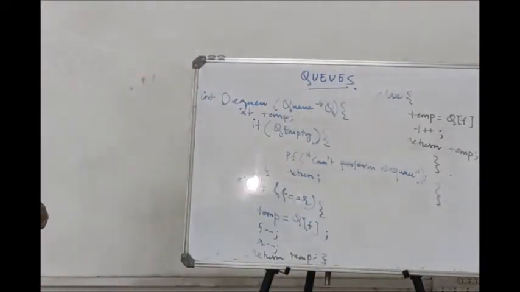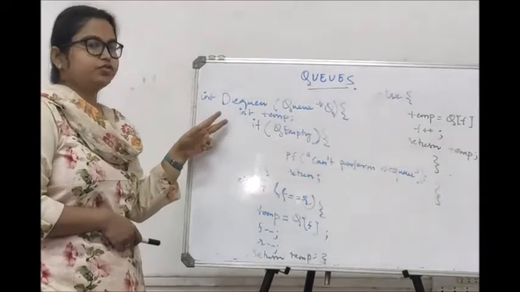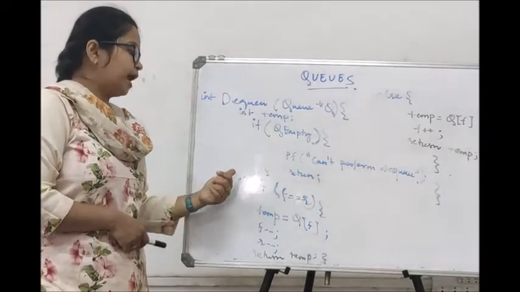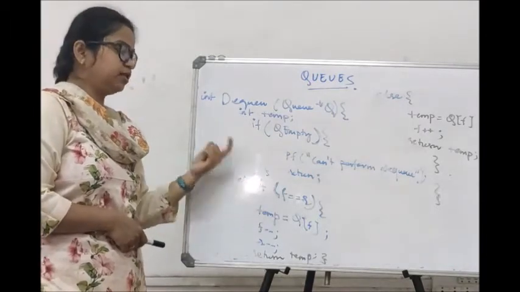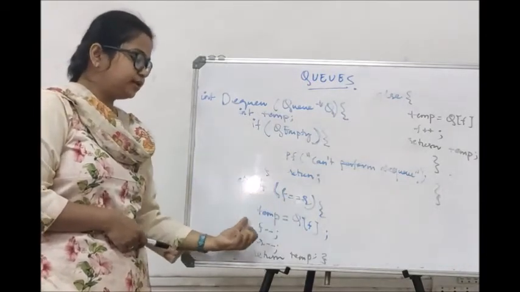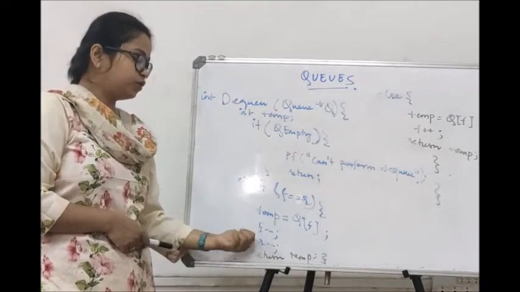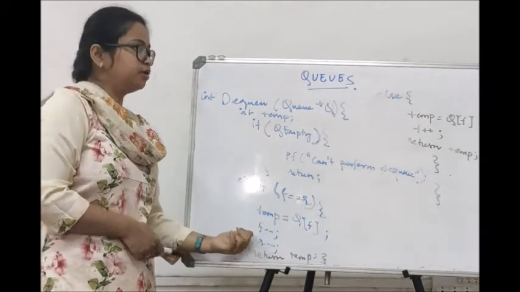That is how to perform DQ. In DQ there are three cases. If the queue is already empty, we cannot perform DQ. If there is only one element in the queue, then we have to get the element out through temp, and we have to decrement the front and rear.